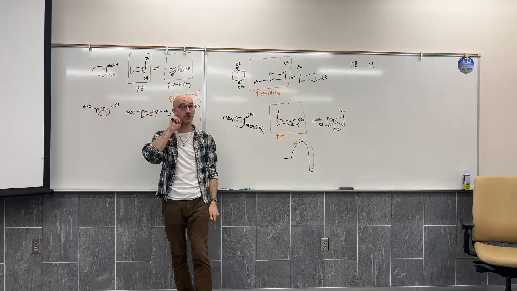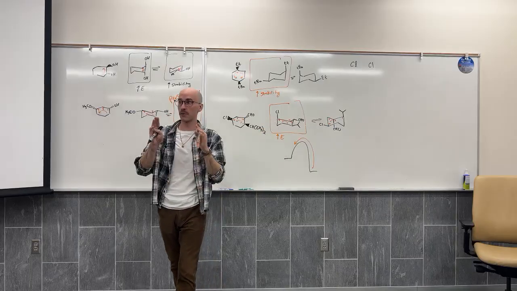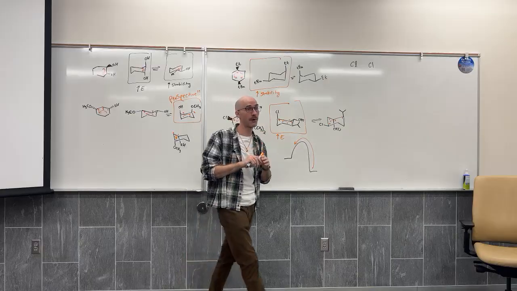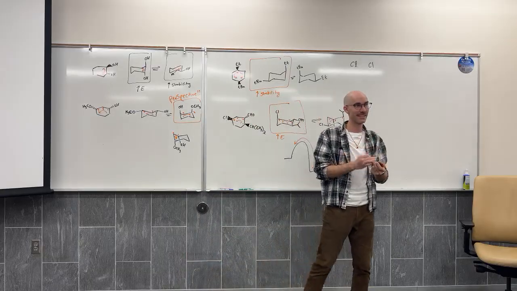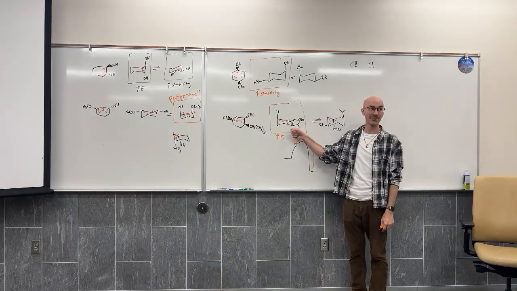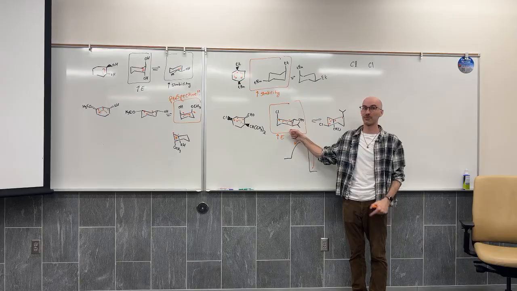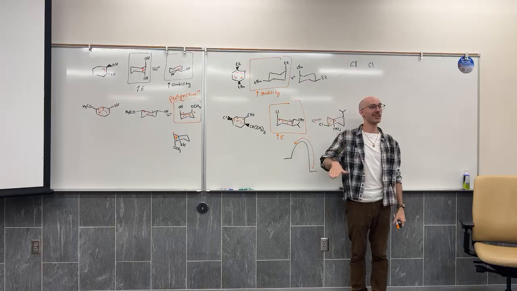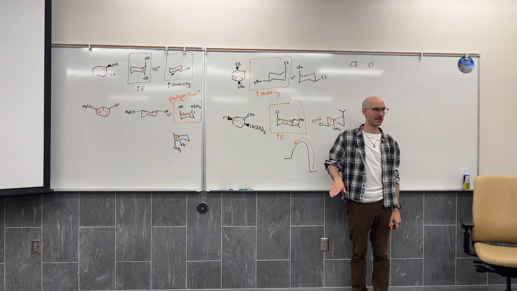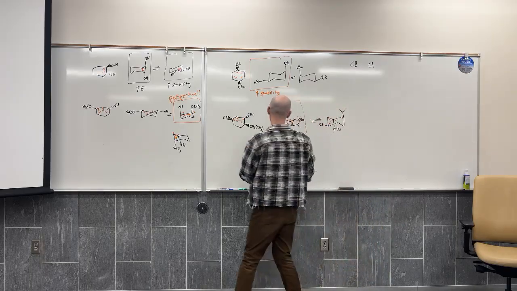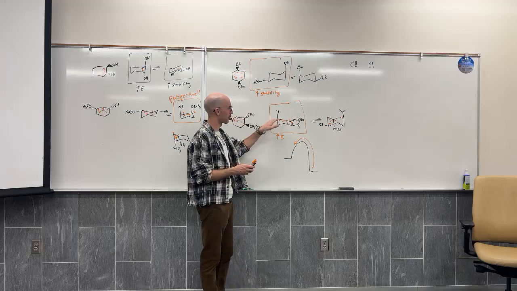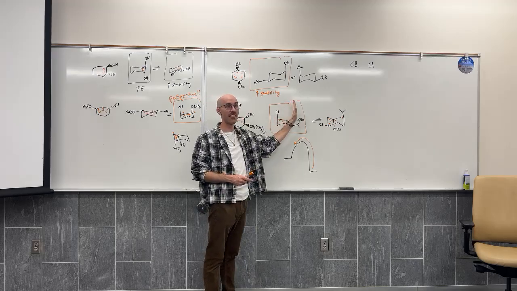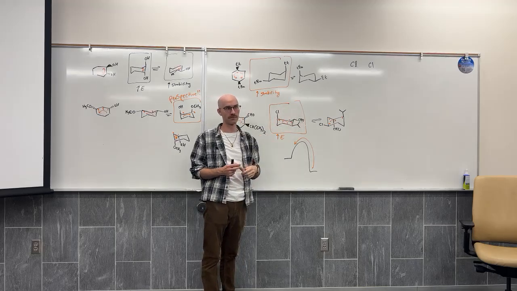All that means to us is if I have a reaction around the chlorine that I want to do, it's going to be a lot easier to do. It's going to require less energy to run that reaction if the reactive conformation is the low energy conformation. It's going to be harder for me to do it if the reactive conformation is the high energy conformation.